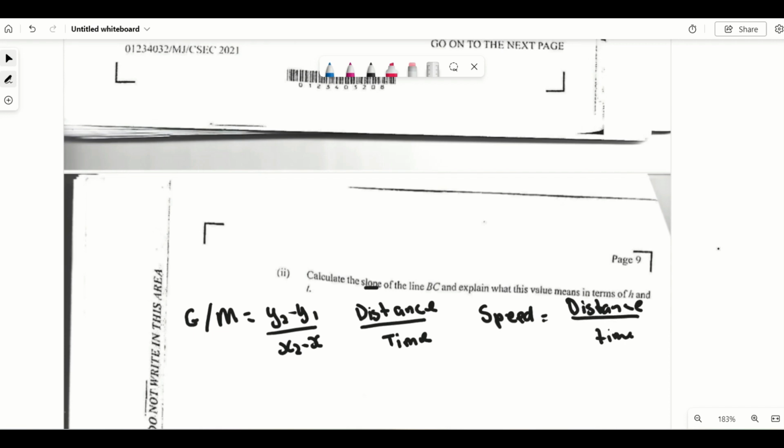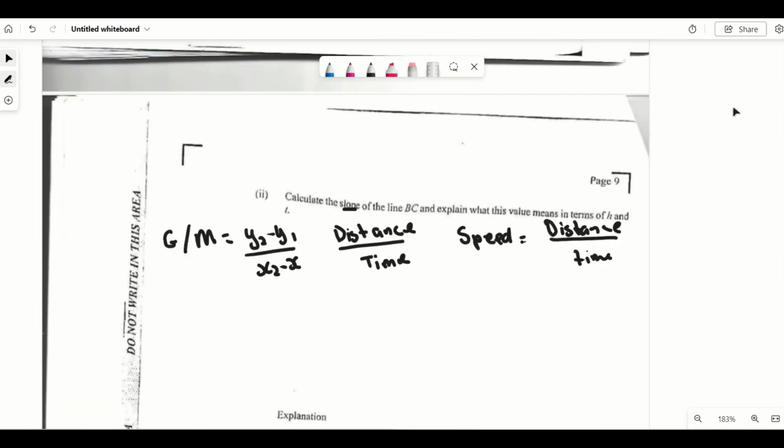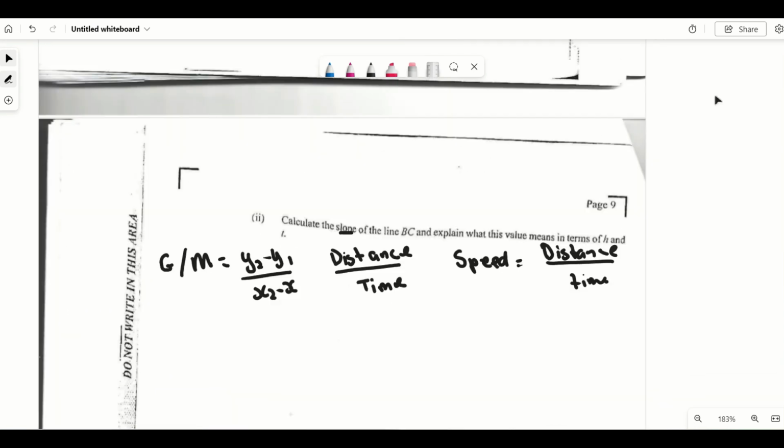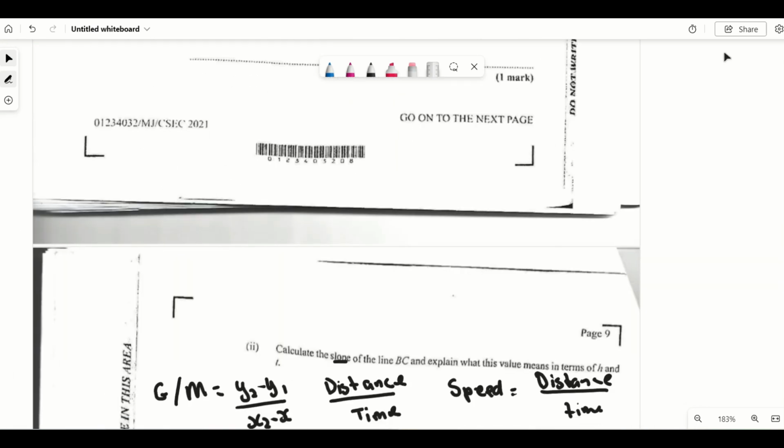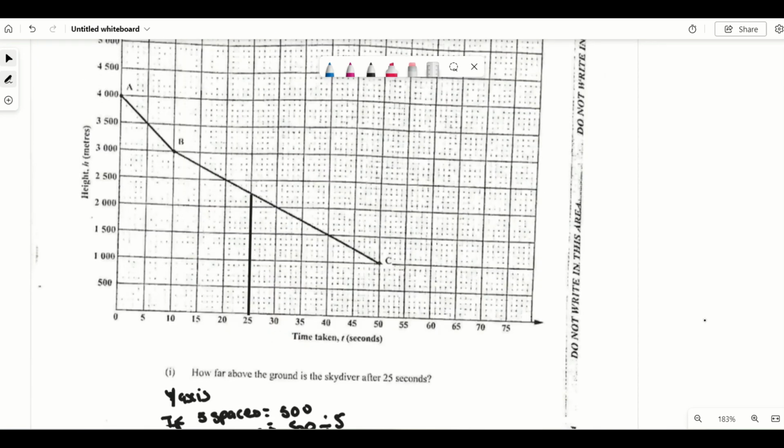So when they ask you to explain what this value means, they're asking you for the speed of the fall of the person who is diving, the skydiver. The speed at which the skydiver is descending, basically. So first off, let's find the gradient and then we'll explain what the speed is. We want two coordinates on B and C. I'm going to pick something very easy. I'm picking C, which is 50 and 1,000.